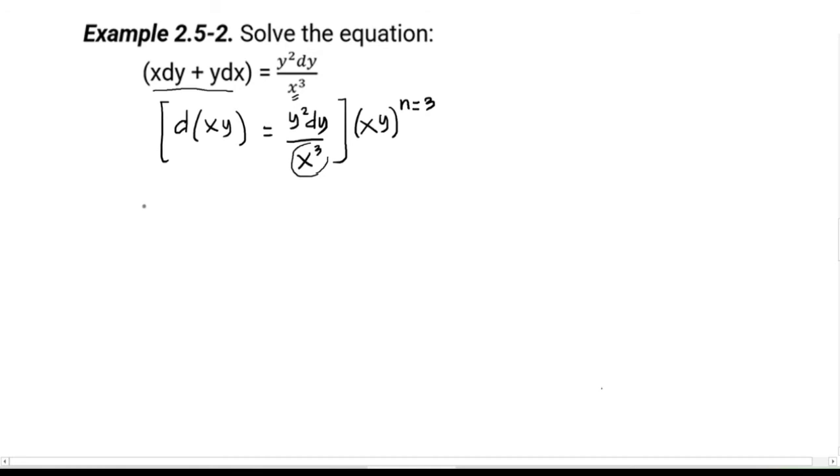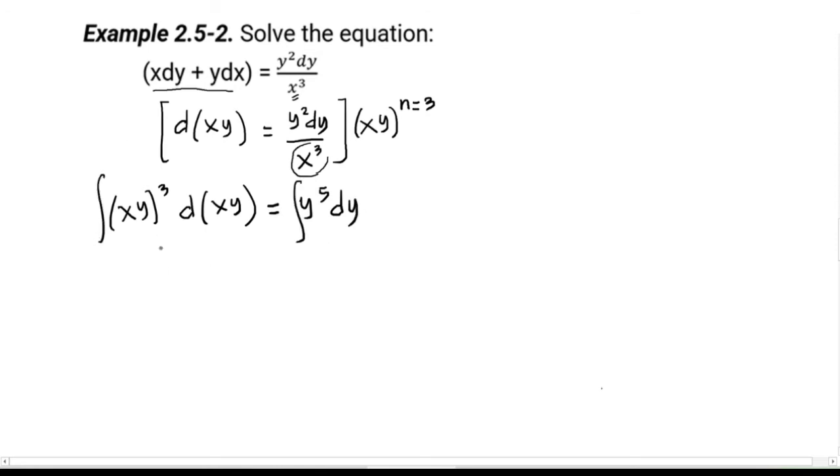The result now for this, we have xy cubed, the differential of xy equals, as I have mentioned, x cubed is cancelled, then y squared times y cubed is y raised to 5 dy. Next, we are going to integrate.